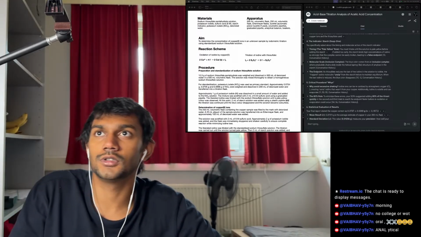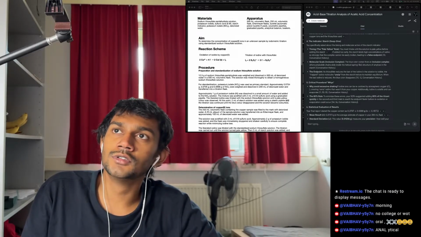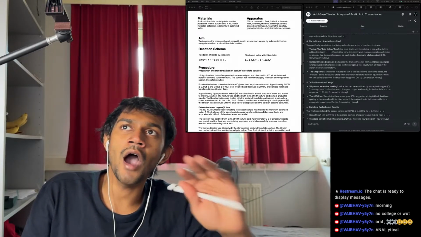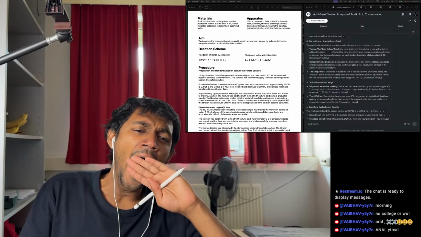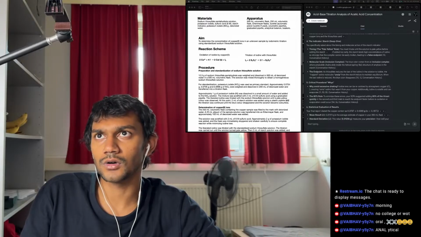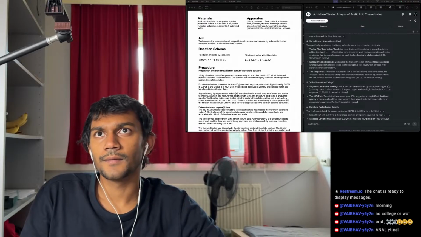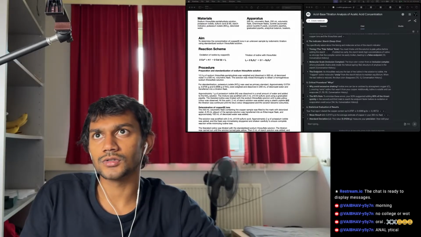So first we measure the potassium iodate used, volume of titrant used, the number of moles. From the number of moles, with a 1:1 ratio, we get sodium thiosulfate. Then we figure out the concentration.